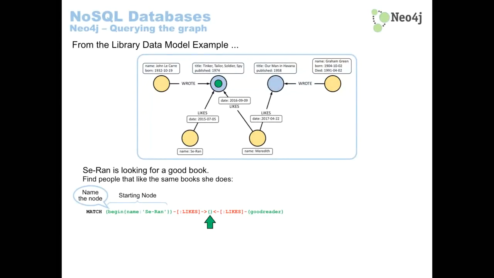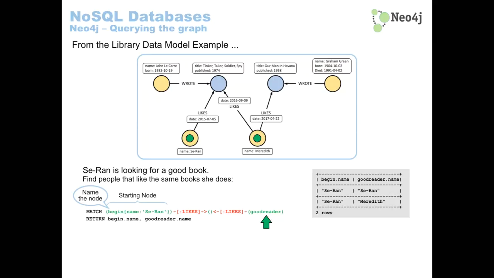We're following this link, but we're going backwards across that link. And so we get to this point, and we give that set of nodes a name as well, we call it good reader, and then we return the begin name and the good reader name, and we end up with this information. So with this particular query, Seiron has a list of people that like at least one of the same books that she likes.